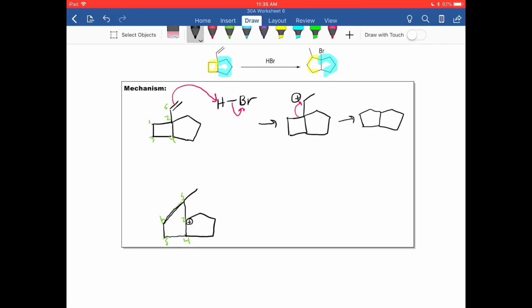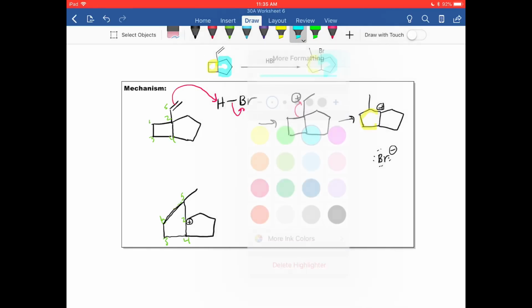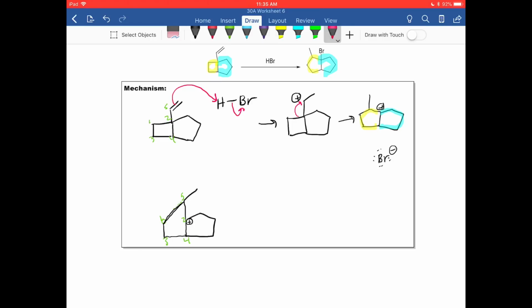So now we can see where our methyl group goes, and our positive charge is here. Okay, now the last step of this is to do a nucleophilic attack with bromine. Now that we've rearranged to a more stable tertiary carbocation, and we have the ring system intact, so notice now we have that 5-membered ring and that other 5-membered ring. Now we can react with Br-.